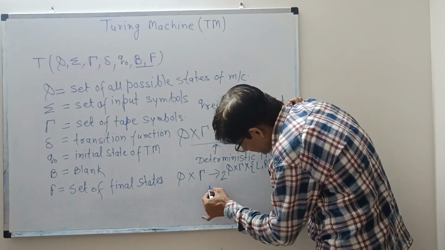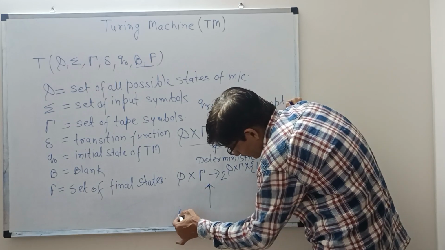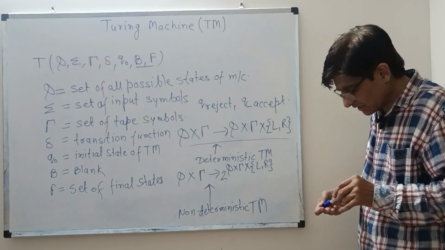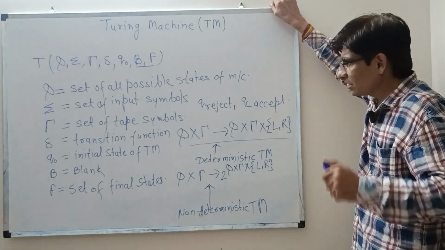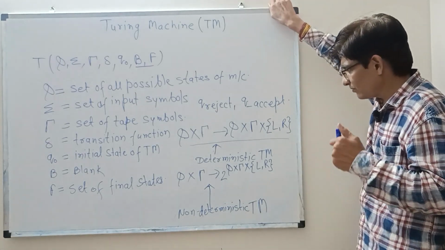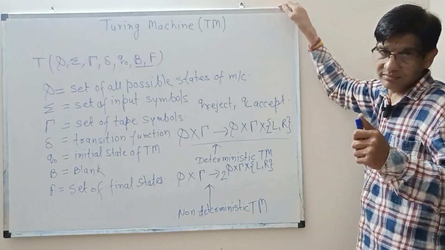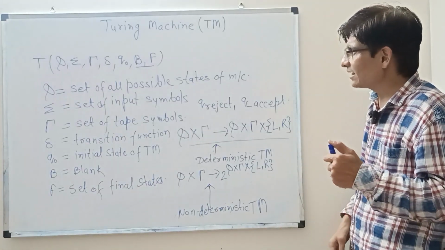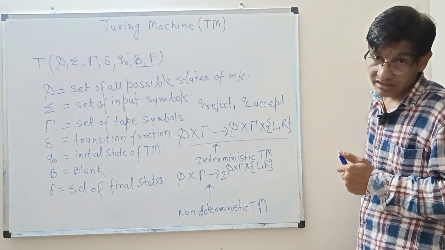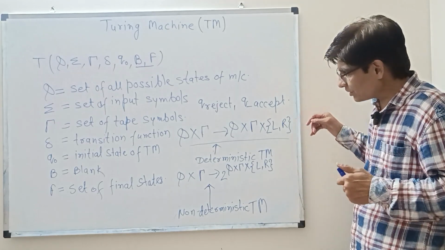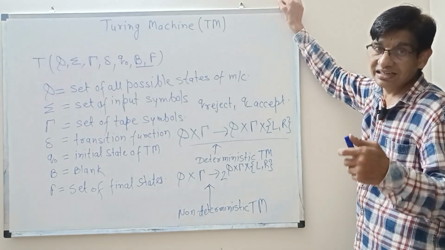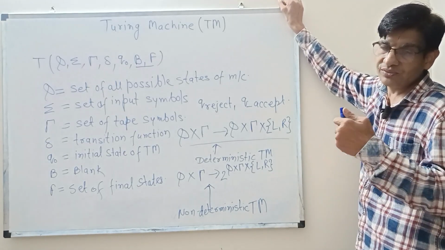So this would be the transition function of a non-deterministic Turing machine. I hope it is clear. In the next video in this playlist, I will take some examples of Turing machine creation: how we can accept a string from a language with the help of a Turing machine, or how we can create output with its help.